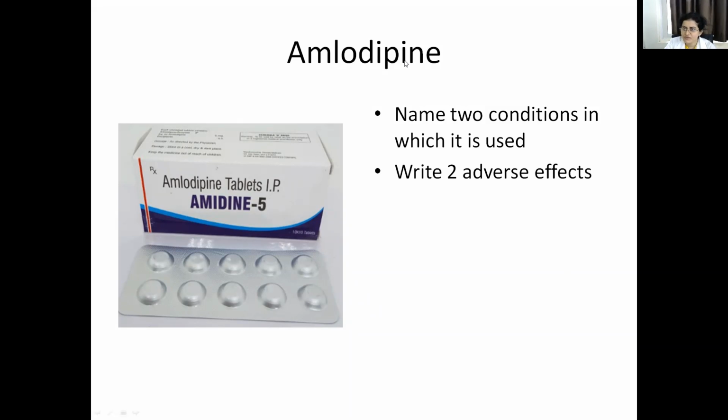Amlodipine is a powerful vasodilator, so when it causes vasodilatation there is a fall in BP, and we know whenever there is a fall in BP, compensatory sympathetic discharge will take place and we have reflex tachycardia.